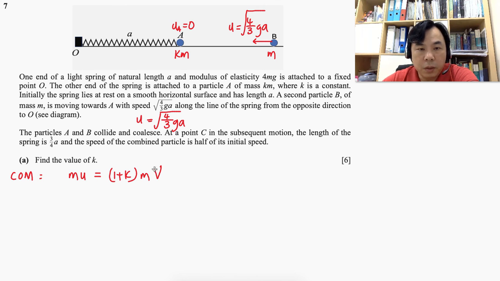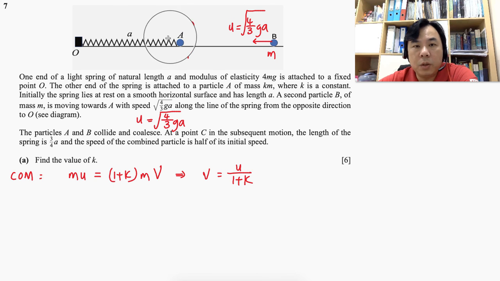From here, we will be able to deduce the speed just before it starts to compress the spring when they collide and coalesce. So v is equal to u over 1 plus k. That is the speed just before it starts to compress the spring.